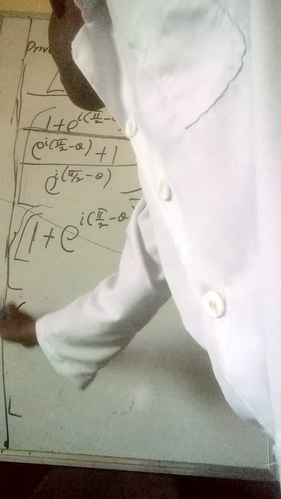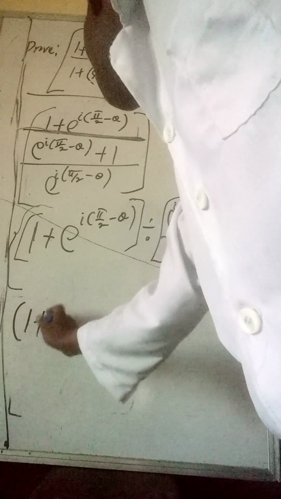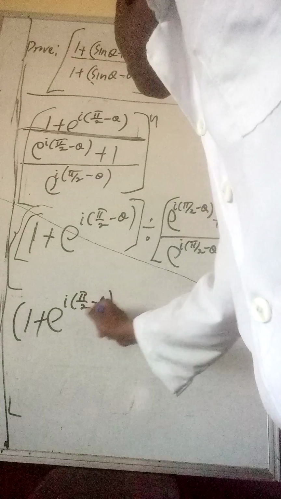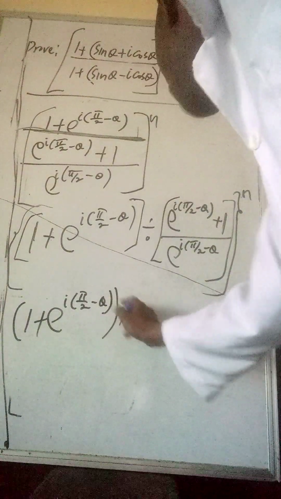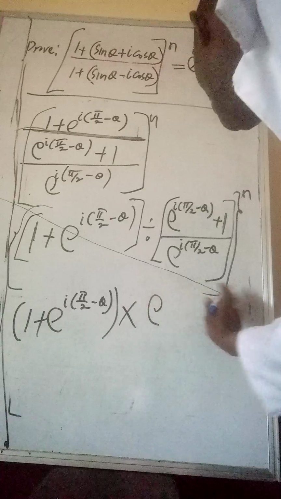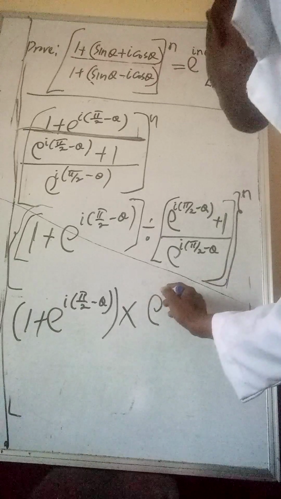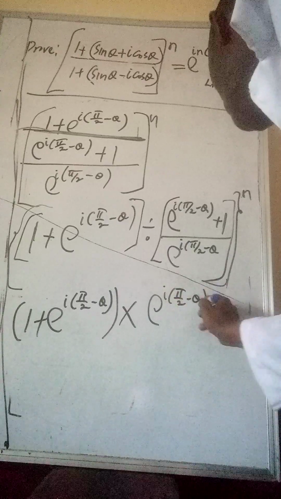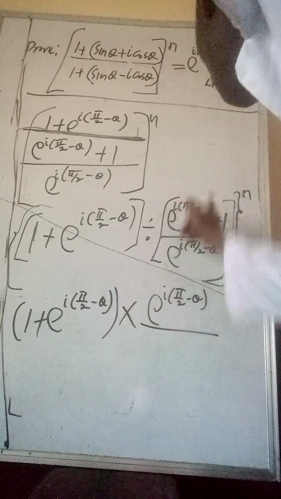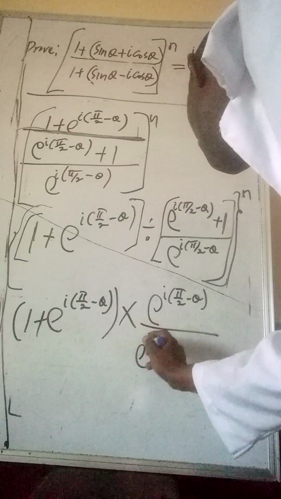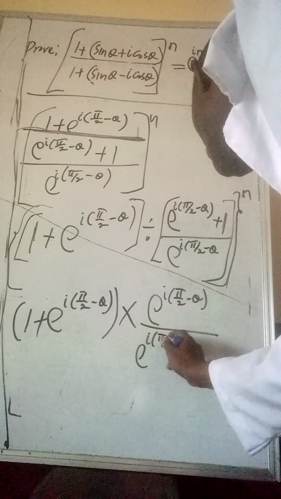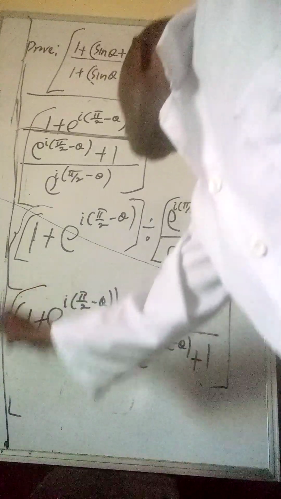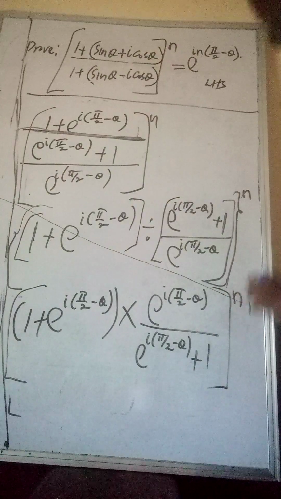So I'm going to have 1 plus e to i open bracket pi over 2 minus theta multiply by, then I'm going to have e to i into bracket pi over 2 minus theta over e to i into bracket pi over 2 minus theta plus 1. The whole bracket, then raised to power n.